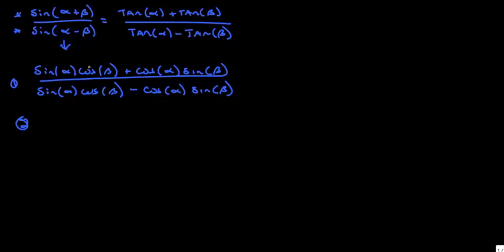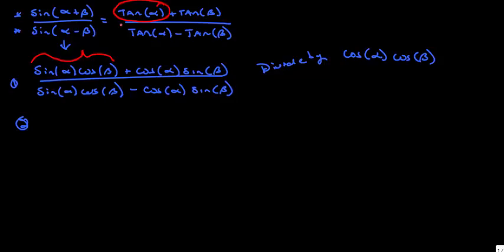But I also need this guy to disappear. So I'm going to divide the entire thing by cosine alpha cosine beta. How I got that was I knew this guy right here had to be equal to this guy right here.